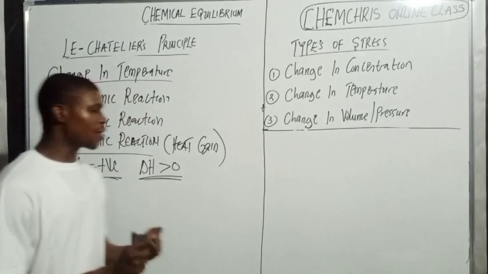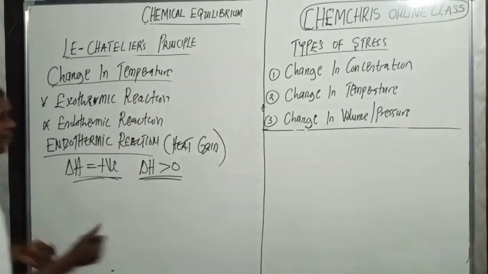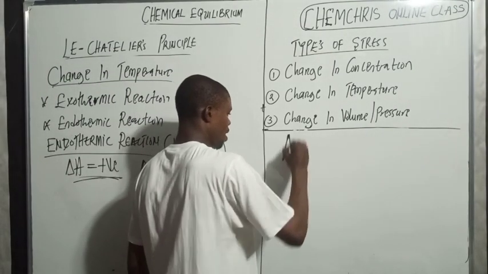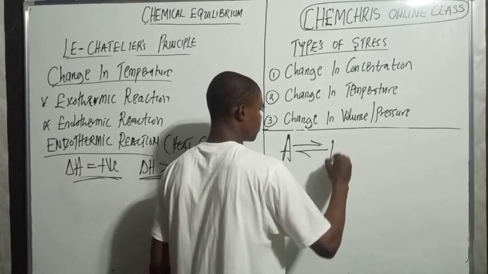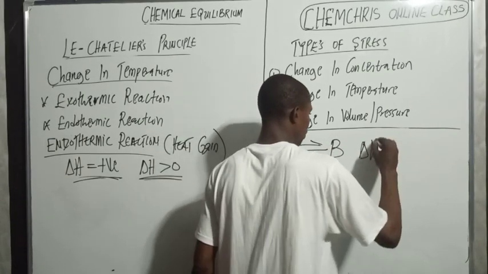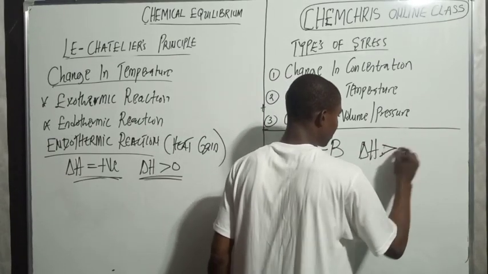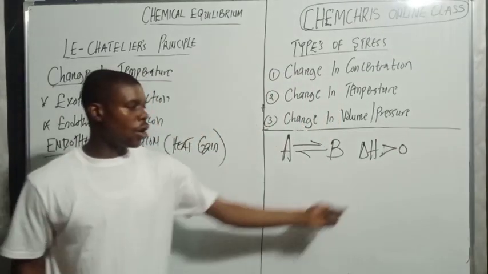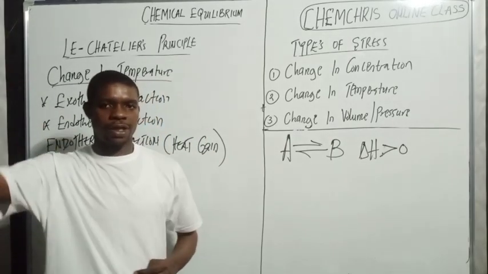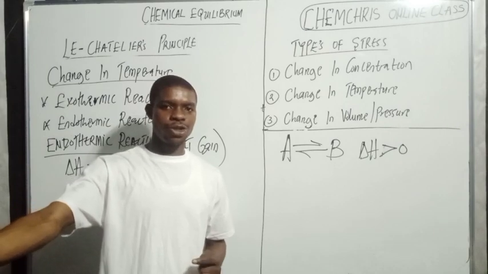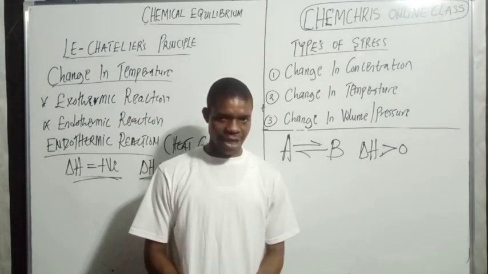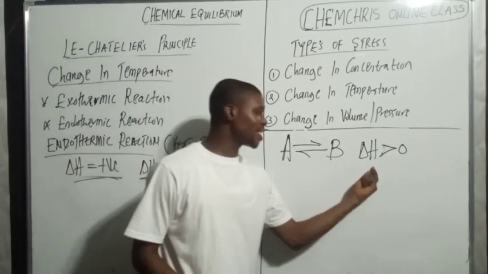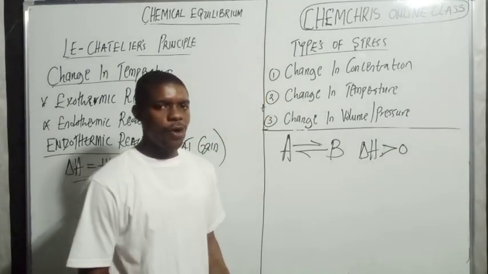Do you understand? So for example, I have this reaction here: A moves to B, and I have delta H greater than zero. It's okay, although any value of delta H may be given. So if delta H is greater than zero, what happens here?